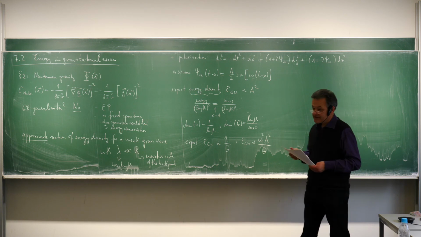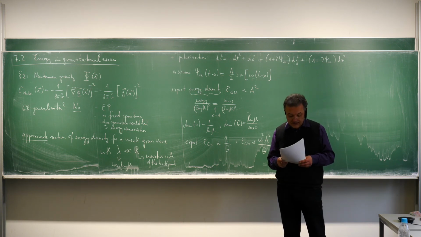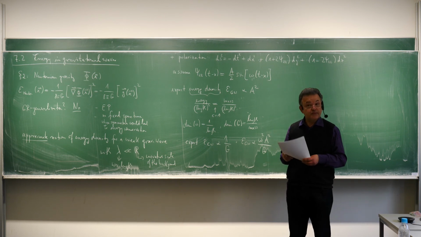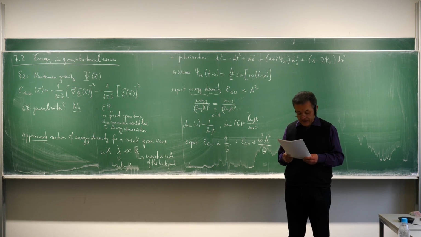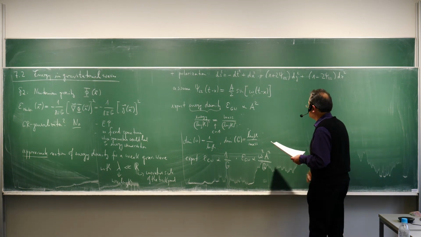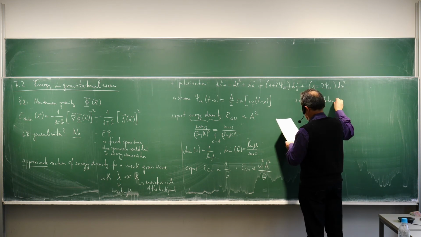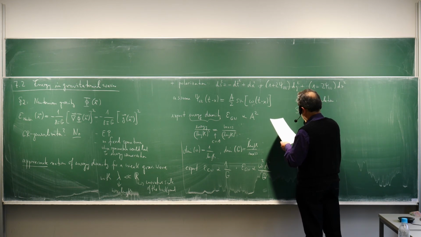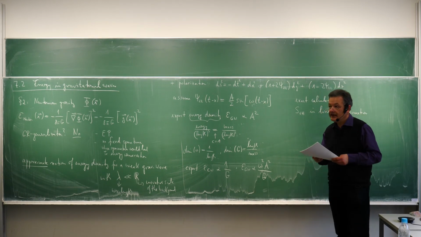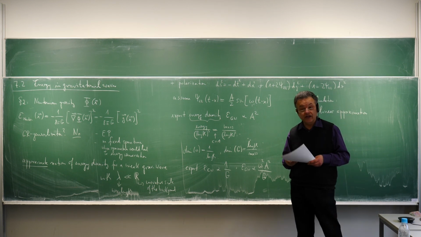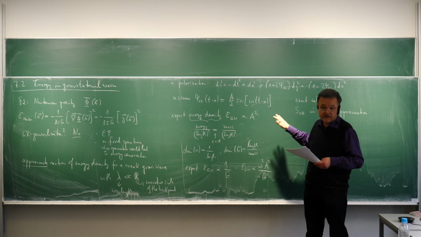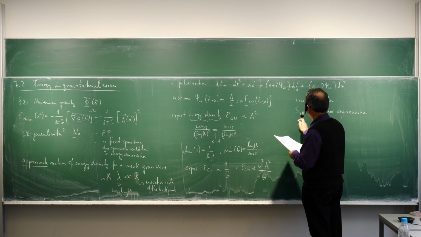Now the exact calculations we have no time to do here. A very detailed version you find, for example, in the textbook by Misner and Wheeler, cited on the web page. What you do is you start from the Einstein-Hilbert action, you write it in the linear approximation, and then you calculate the so-called canonical energy momentum tensor that is associated with this, because it's just quadratic in the fields.